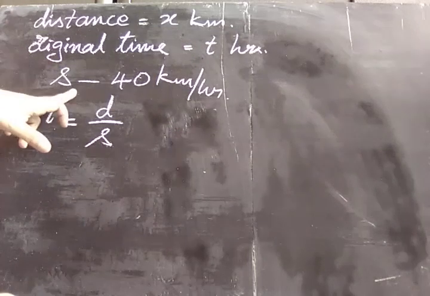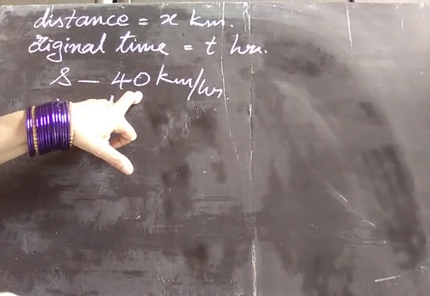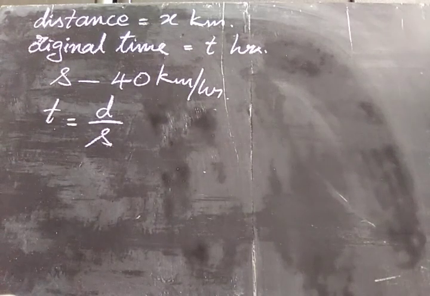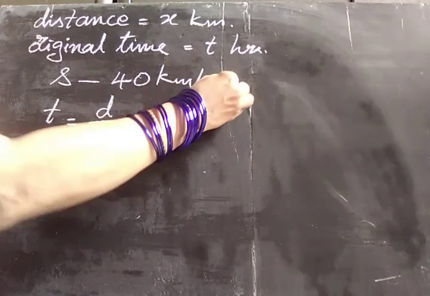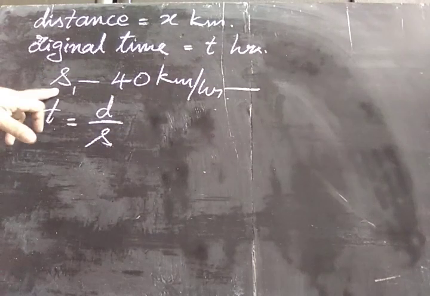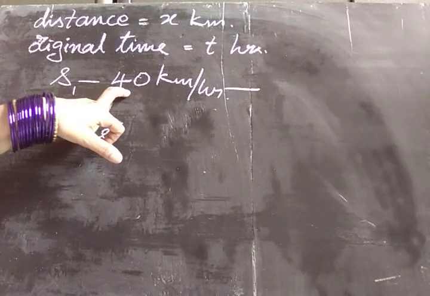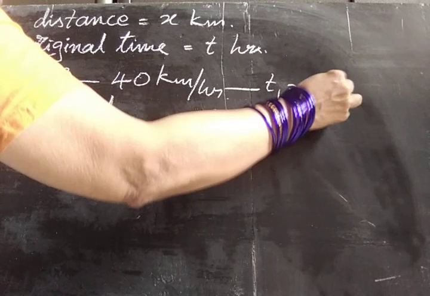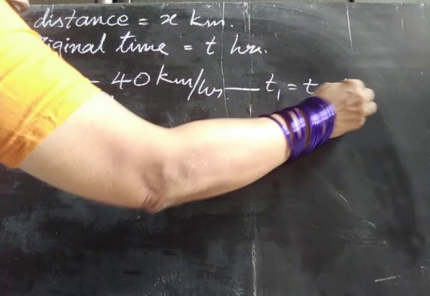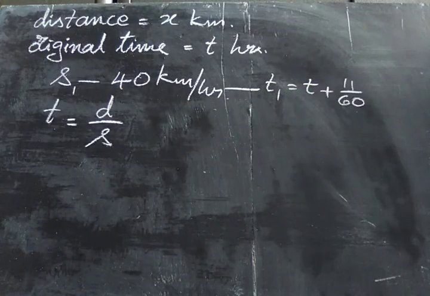If the speed is 40 kilometers per hour, it will be 11 minutes late. So if the speed s1 is 40 kilometers per hour, then t1 is equal to t plus 11 minutes. 11 minutes means 11 by 60 hours. Okay.